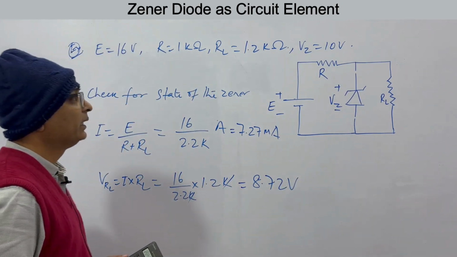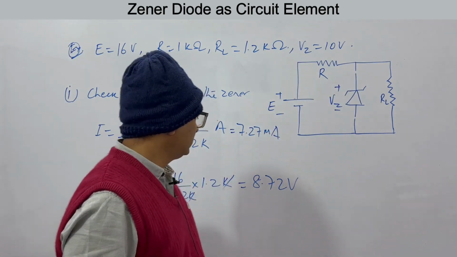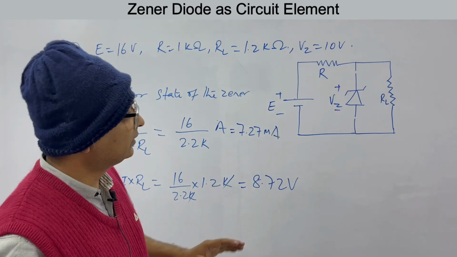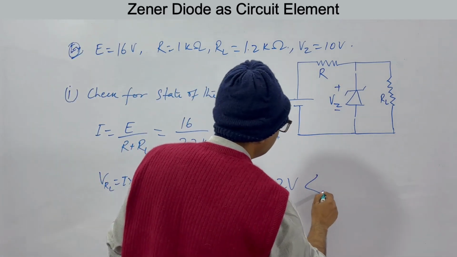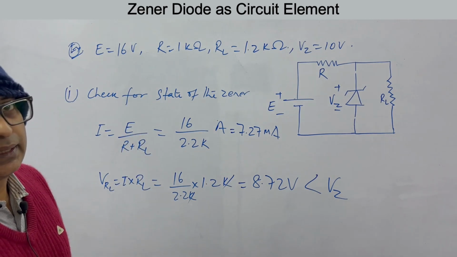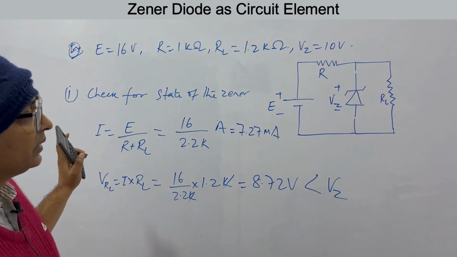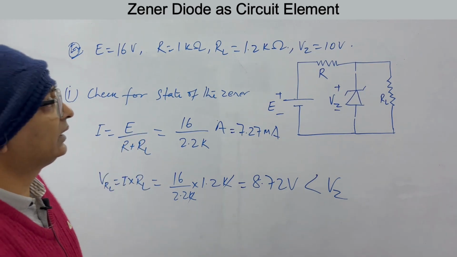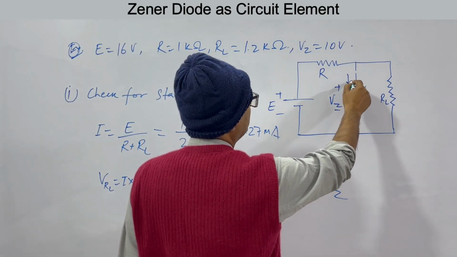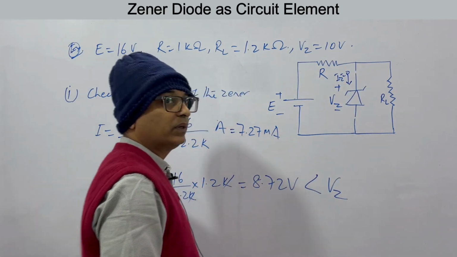Now see, the voltage across these two points is 8.72, but VZ is 10. So this is less than VZ. This means the Zener will not be in on state. So the current in this circuit will be this and the voltage will be this. It will be in off state, that is, the current through this branch will be 0. IZ will be 0.